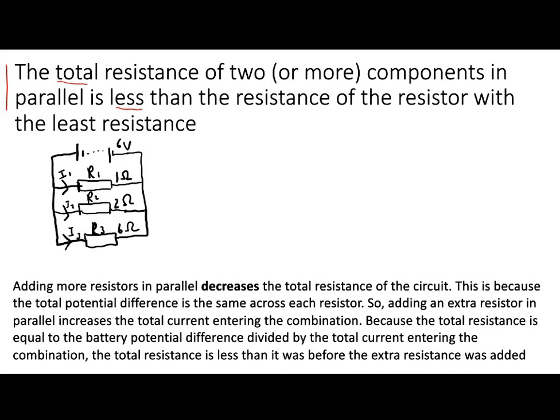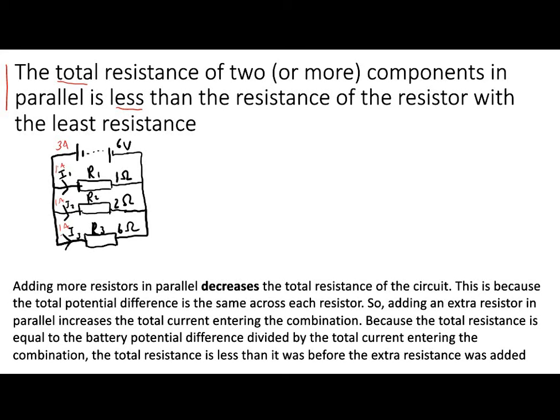Now if I suggest, for example, that my total current is 3 amps, and I've got 1 amp going here, 1 amp going here, and 1 amp going here.